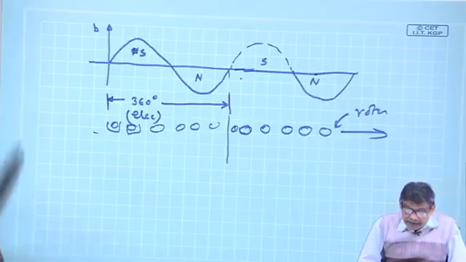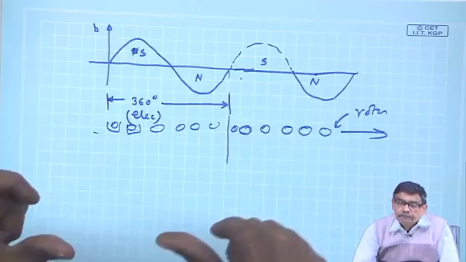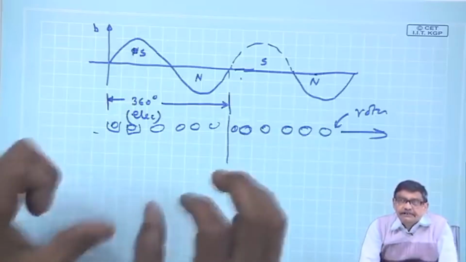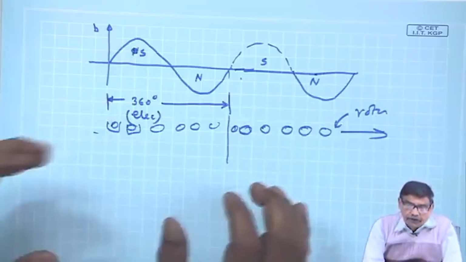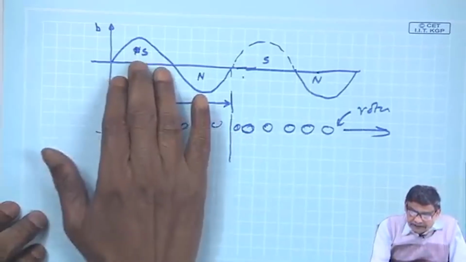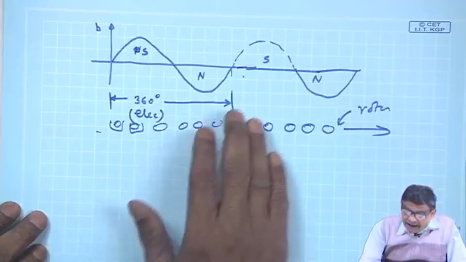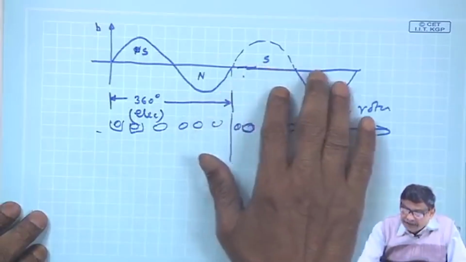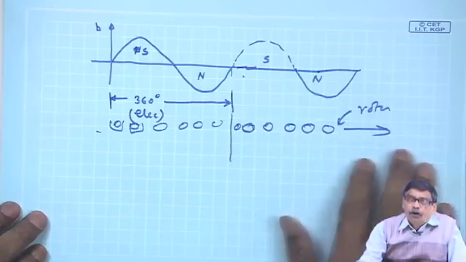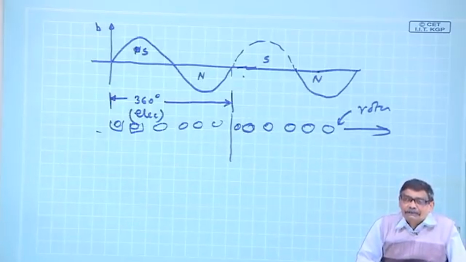But what I am telling is, if you take a snapshot at a particular time and freeze the time there, then the distribution of the currents under this pair of poles and under the next pair of poles will all be identical. Why should they be different?